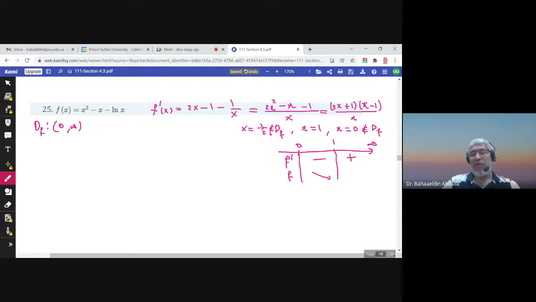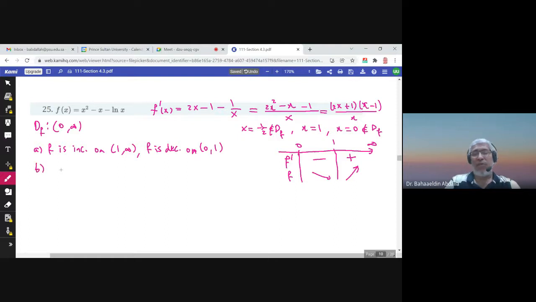So here the function is decreasing and the function here is increasing. So the answer to part A, f is increasing only from 1 to infinity. And f is decreasing only from 0 to 1.